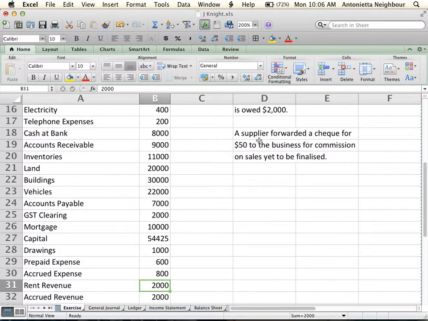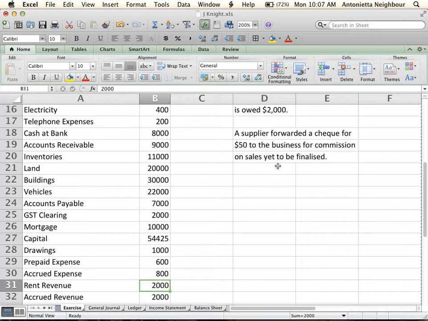Last one: a supplier forwarded a cheque for $50 to the business for commission on sales yet to be finalised. Okay, so that's not so much ambiguous, but there's a bit of interpretation required there. We've received $50 from a supplier for commission, but the sales have not yet been finalised.